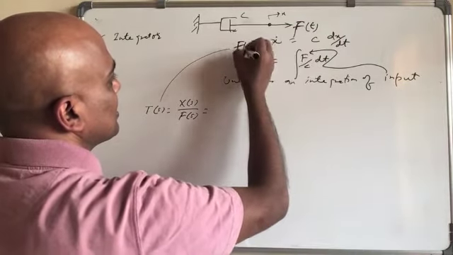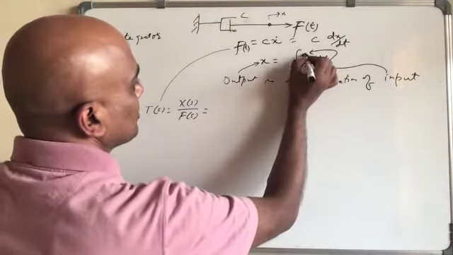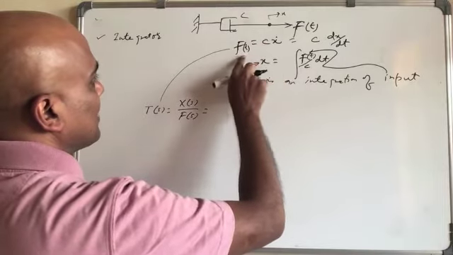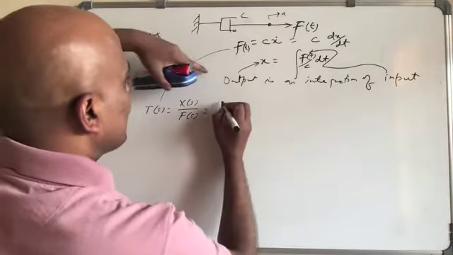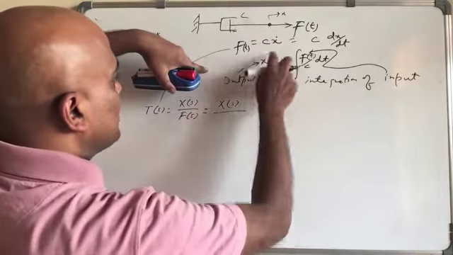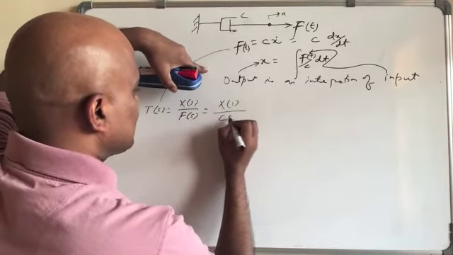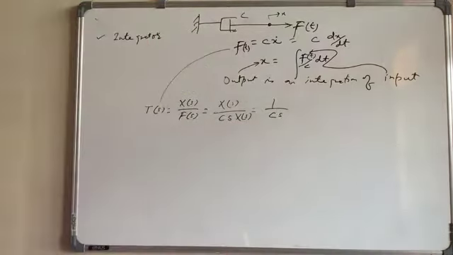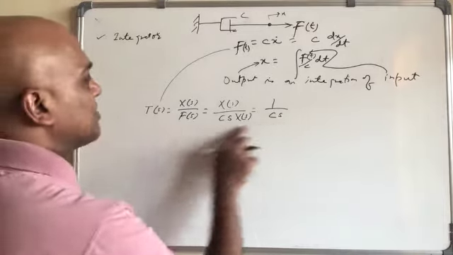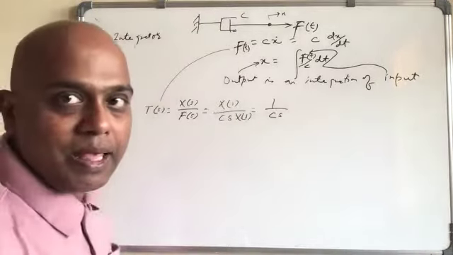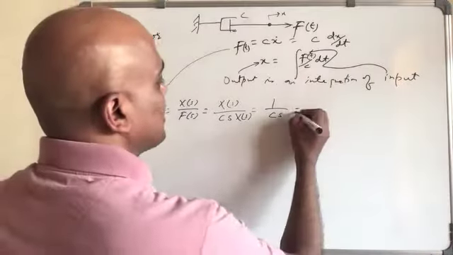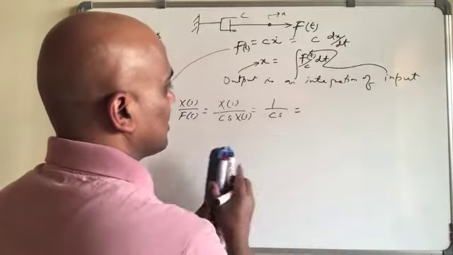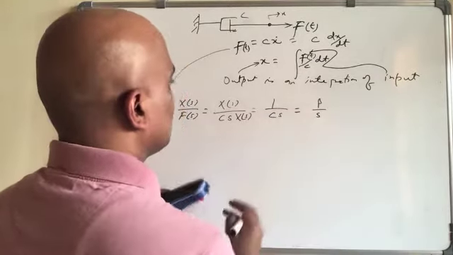So it will be equal to X(s) divided by C s X(s), which is 1 over Cs. Yeah. So this is the transfer function, 1 over Cs. That means let us say we call it equal to alpha over S, or beta over S. Okay, something like beta over S.